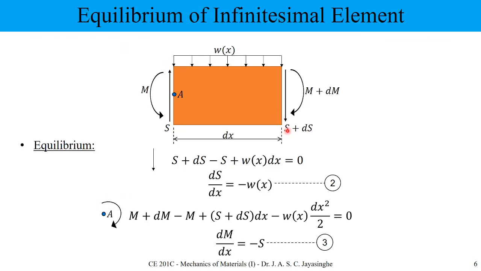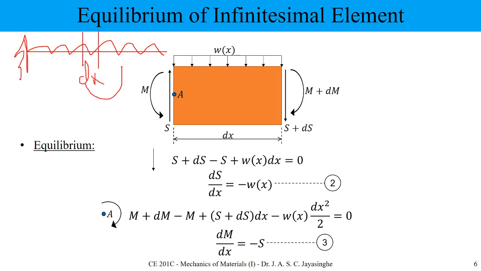So next most important thing, and this part also, is about equilibrium of an infinitesimally small element, which is part of a beam. Think about a beam arrangement like this with any loading, and this is a very small component under bending. We can see this is M, and after a distance dx it is M plus dM.